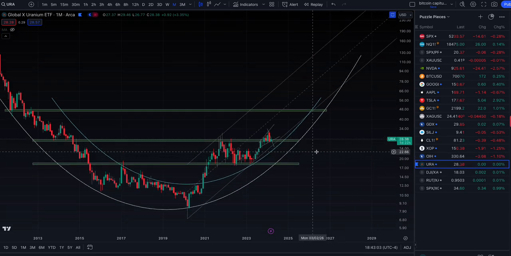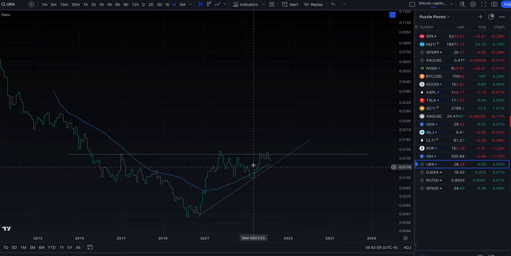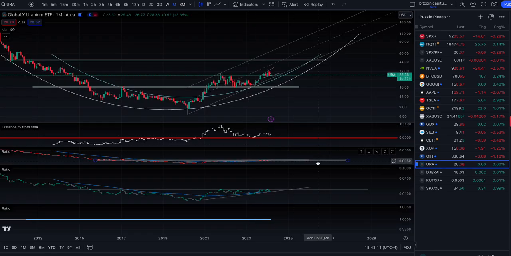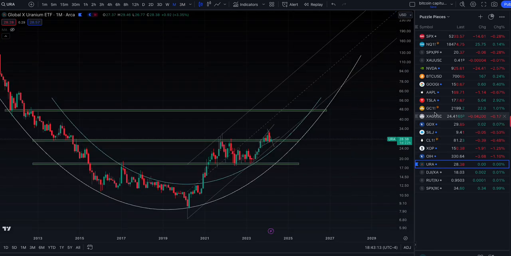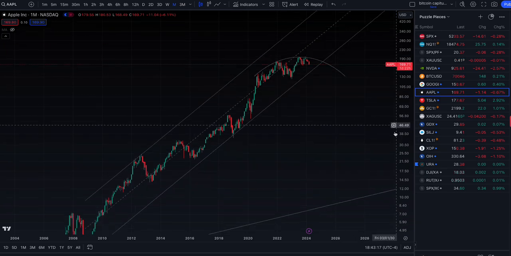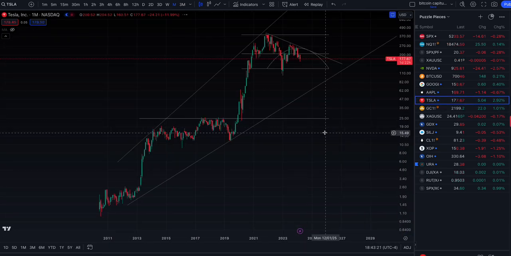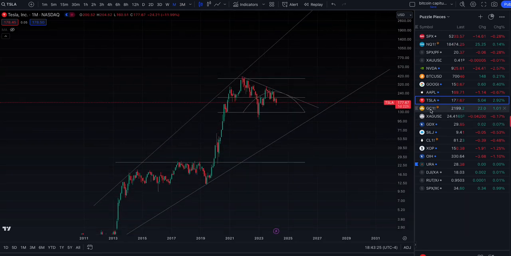You look at these and then compare it to the S&P, basing out versus the S&P, basing out versus gold. And then you look at Apple. I think it's rolling over, coming down. You look at Tesla rolling over, coming down for the foreseeable future, right?